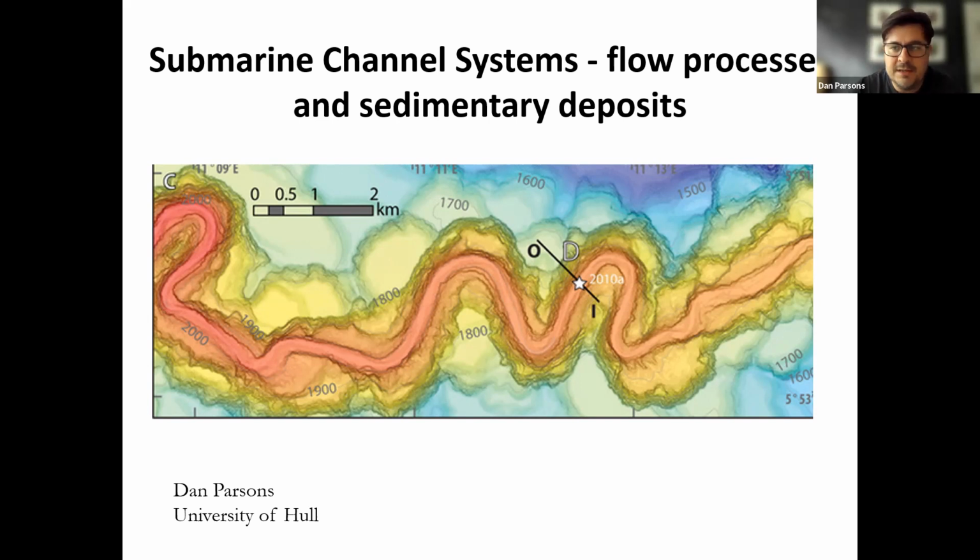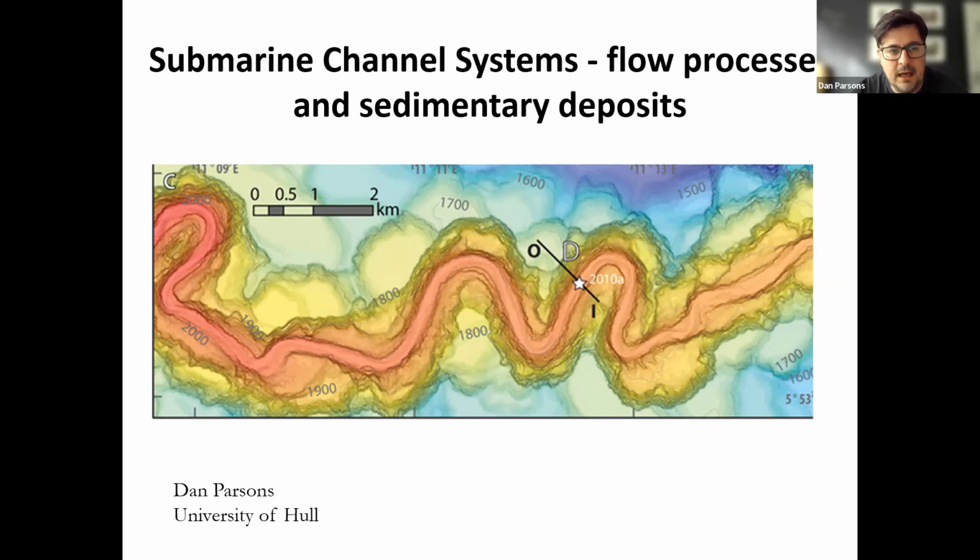And of course, understanding those flow processes and that process to product set of relationships is fundamental in terms of then being able to reconstruct paleo flows and then understand the paleo environments of deposition.